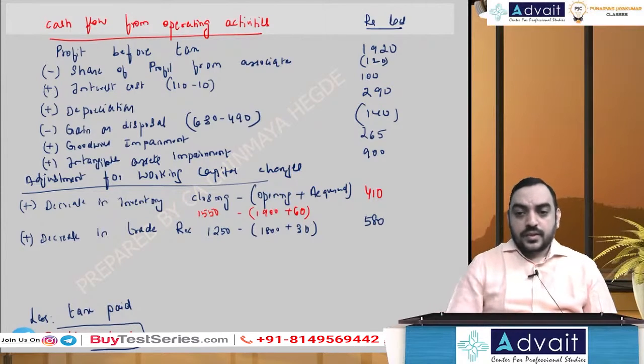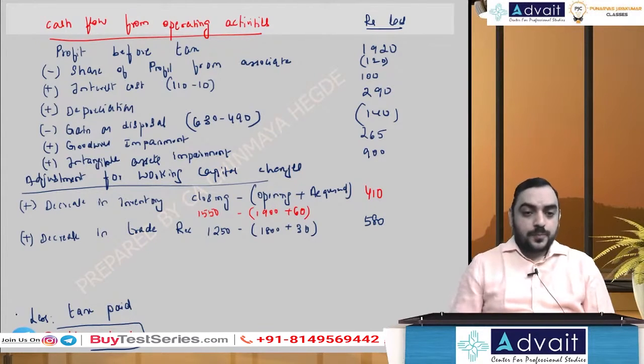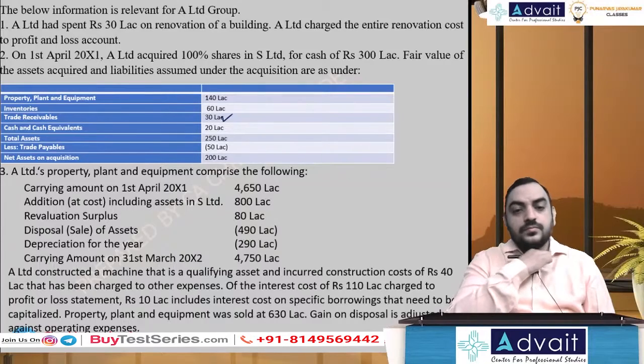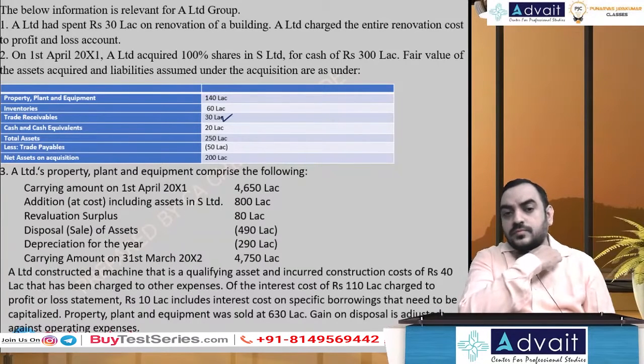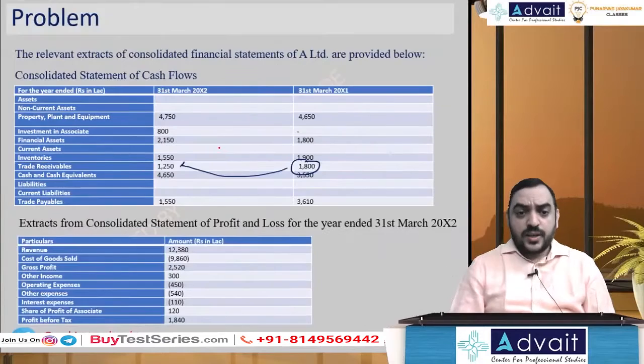Okay, good. So decrease in inventory we got, decrease in trade receivables we got. What else will we be writing? Cash and cash equivalents, you don't worry. Trade payables. Okay, trade payables 50 lakhs is acquired.